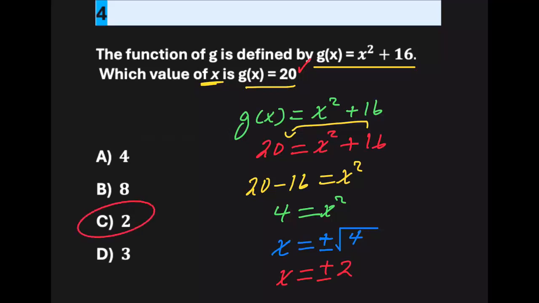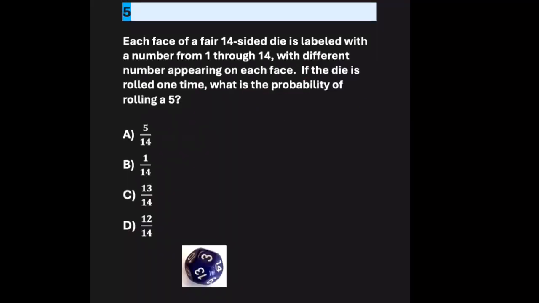Let's move on to question 5. Question 5 talks about a fair die, and it has 14 sides, from number 1 through 14. When you roll one time, the total number of outcomes is 14. If you roll one time, what is the probability of getting number 5 on top? You have 14 different numbers, and each number has only one chance to come on top.